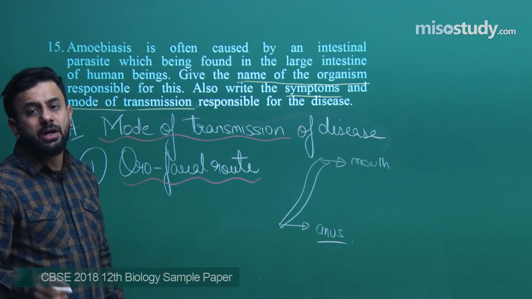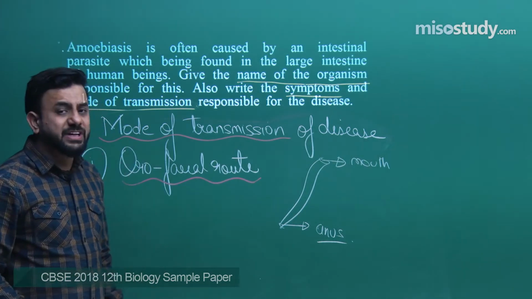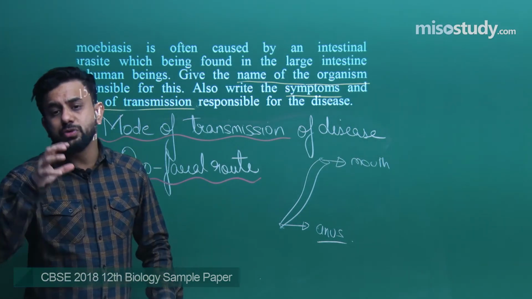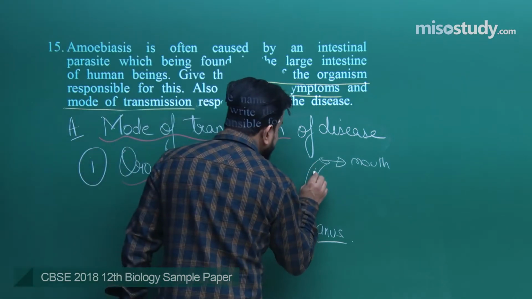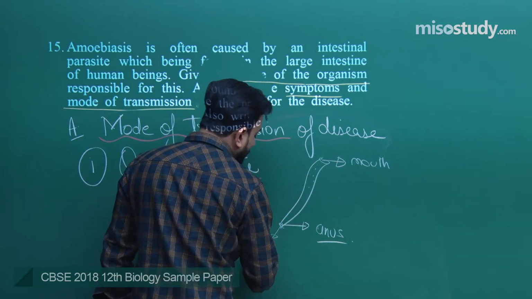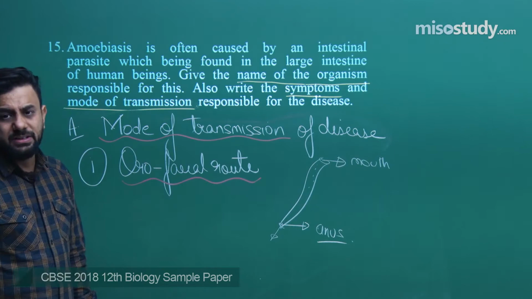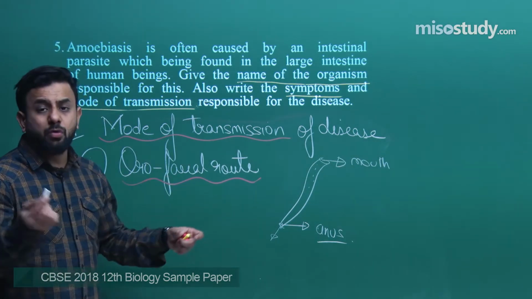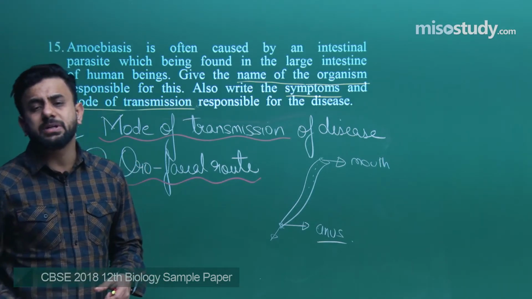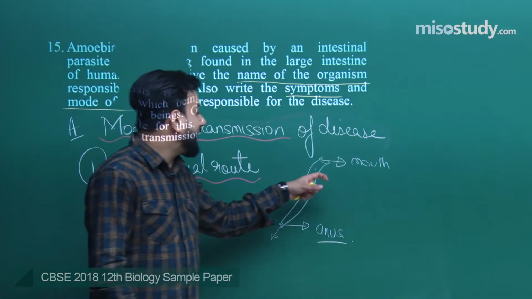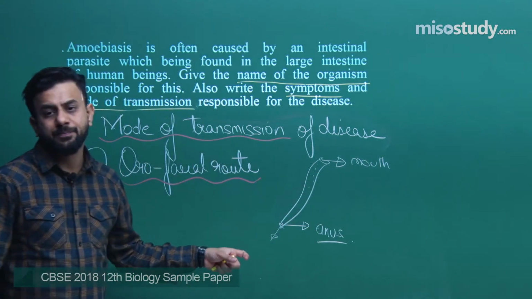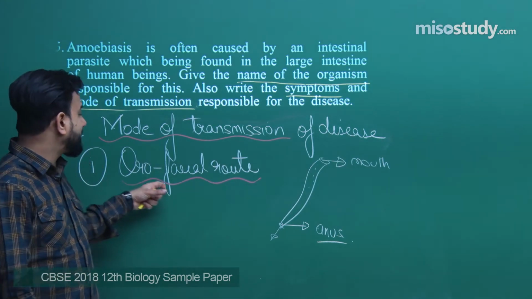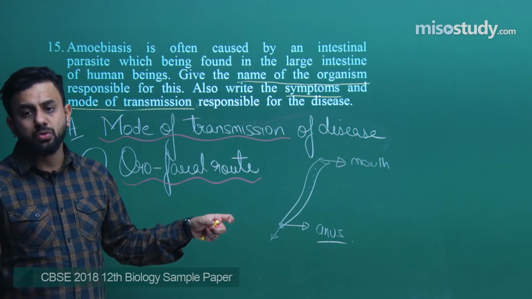So when we eat something, the undigested and unabsorbed matter passes out through the anus, that is the fecal route. So when we are consuming something from the mouth, we say the orofecal route. That is why we say the orofecal route.